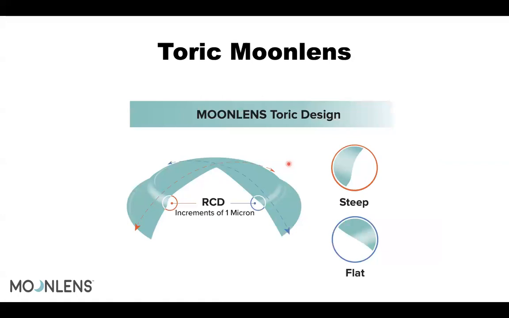So like I was telling you, a toric design is just two curves, trying to align the lens better and closing it differently.